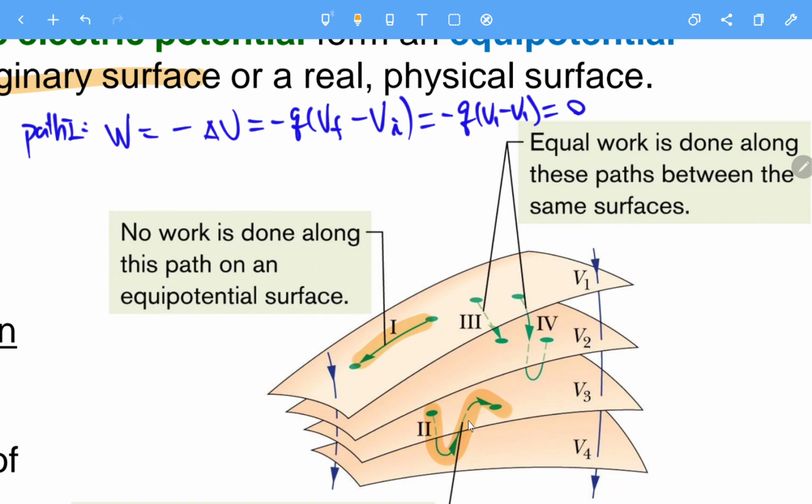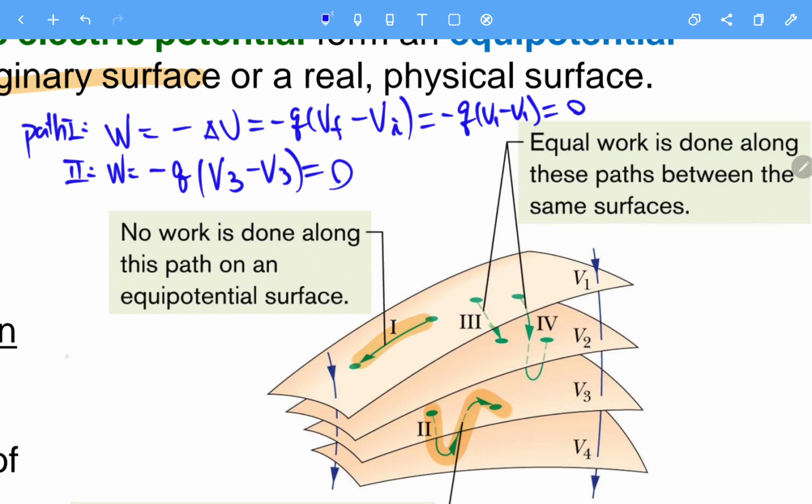It goes out a bit and then comes back to V3. But W is still negative Q times the final point V3 minus the initial point V3, which is also 0. So you don't really consider how it goes. It only relates to the starting point and the end point. You just subtract the electric potentials, multiply by Q, and take a negative sign, and that is the work done. So for path 1 and path 2, both are 0.